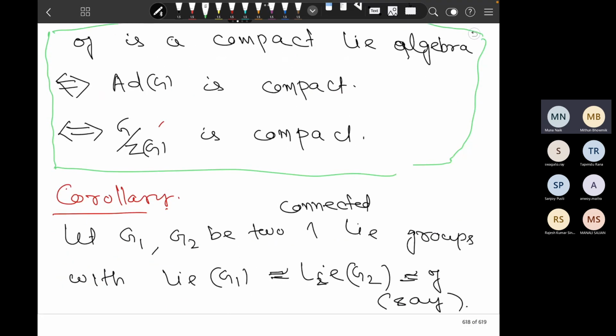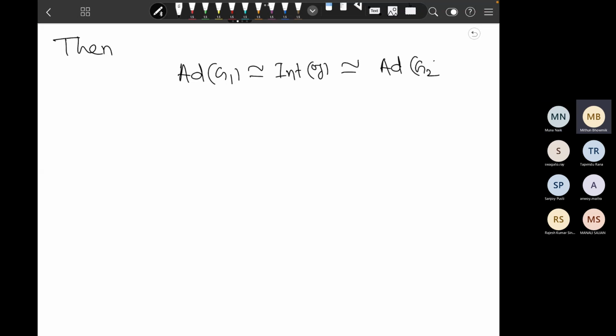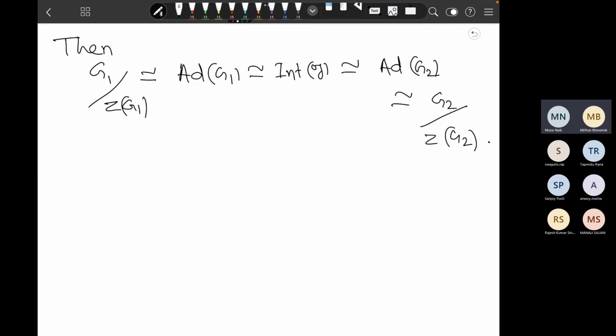Okay, so g, say, then this RG1 is isomorphic to really Int g, and this Int g is also isomorphic to RG2, and this RG1 is isomorphic to G1 mod ZG1, and this is isomorphic to G2 mod ZG2. So okay, this is the useful fact.